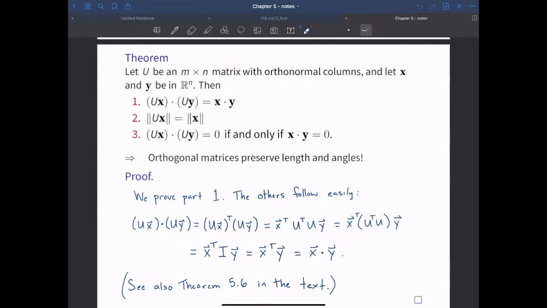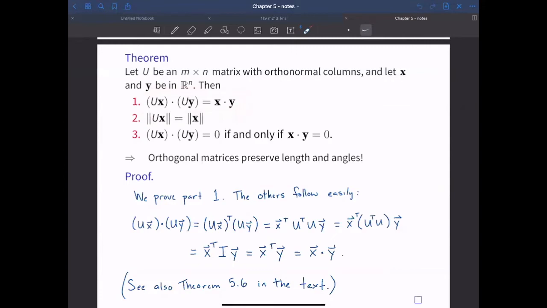So orthogonal matrices preserve angles of vectors. They also preserve the length of vectors. So if my vector has length 4 and I multiply it by an orthogonal matrix, the new vector will also have length 4. The reason that happens is that orthogonal matrices preserve the dot product, and the way that we think about angles and length in vectors is using the dot product.